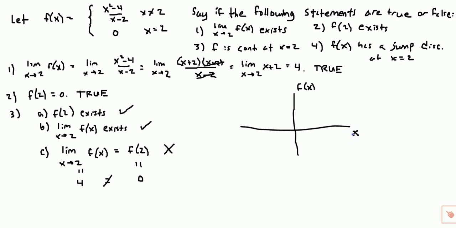And we're trying to graph the line x plus 2. Okay, when x is 0, f of x is 2. Goes like this. And then when x equals 2, there's a hole. f of x is defined to be 0. And then the function continues. And this is at x equals 2.